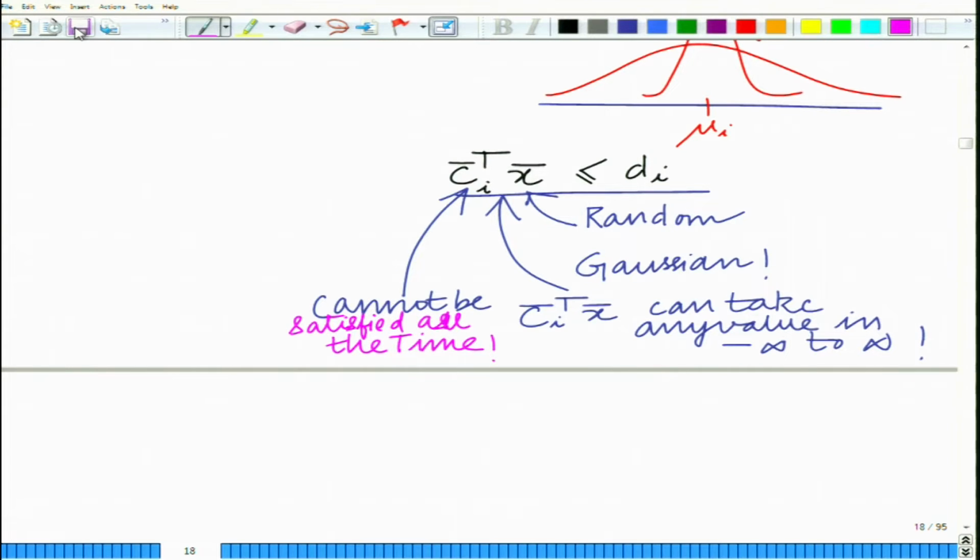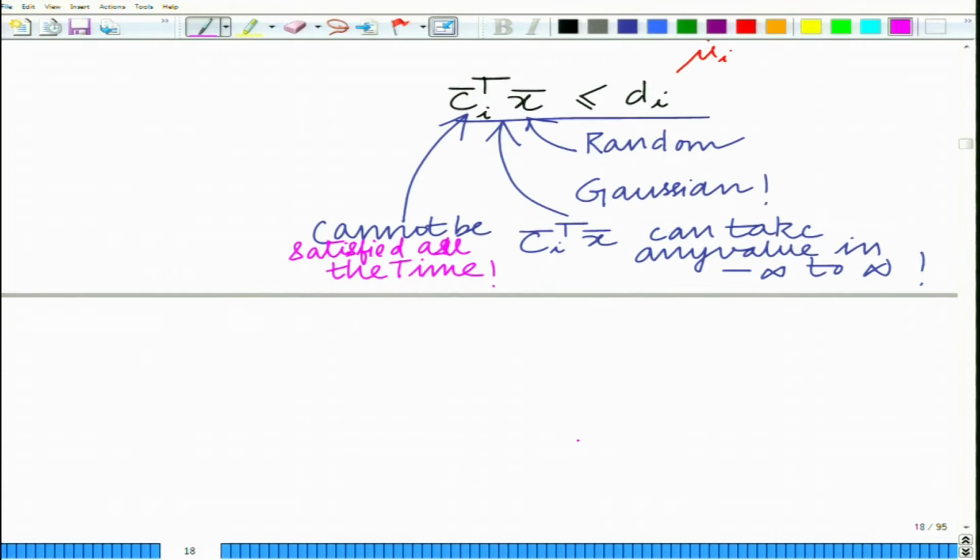It cannot be satisfied all the time, which means this only holds with a certain probability.